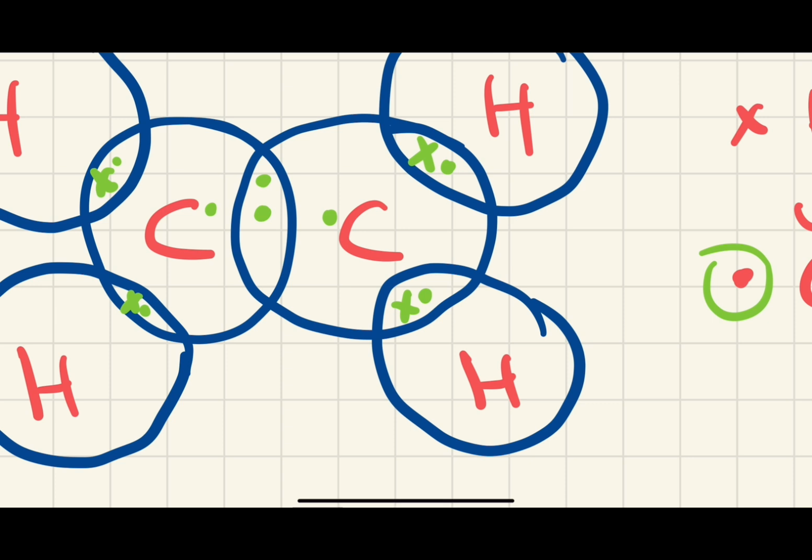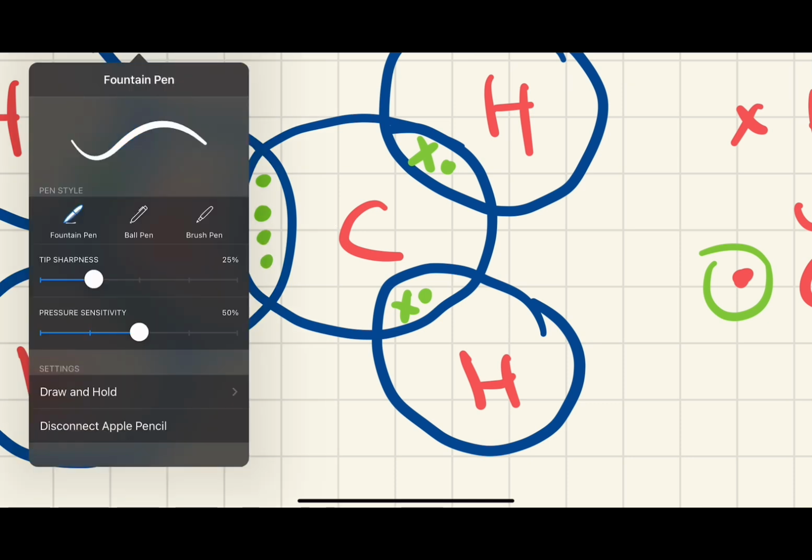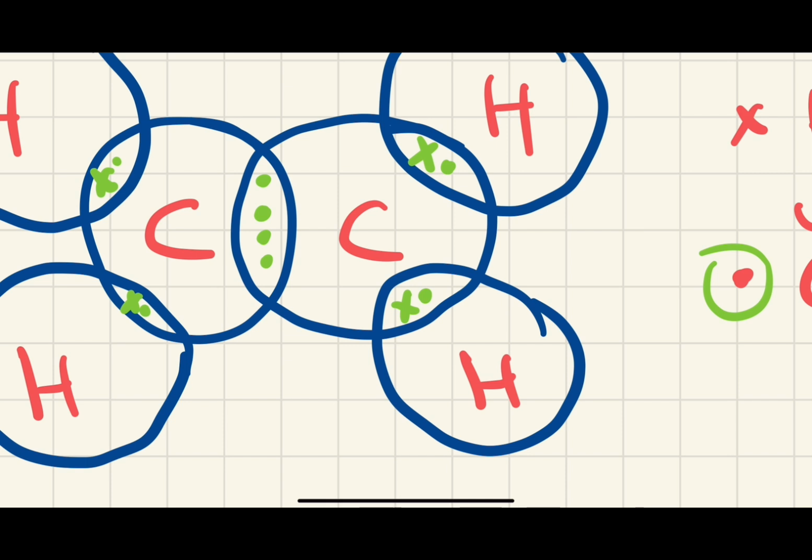So we will share one more electron to make a bond. So we're sharing both of them. So 1, 2, 3. So now you have it. Let's see. We have 1, 2, 3, 4, 5, 6, 7, 8 electrons. Now let's count this one: 1, 2, 3, 4, 5, 6, 7, 8.